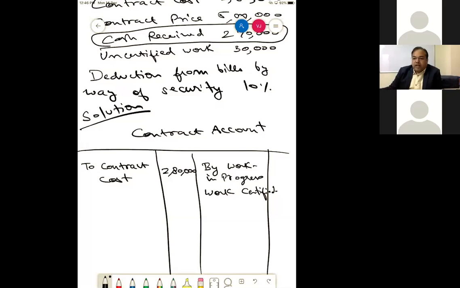Now from that cash received, how much cash has been received? That is from the total contract price.